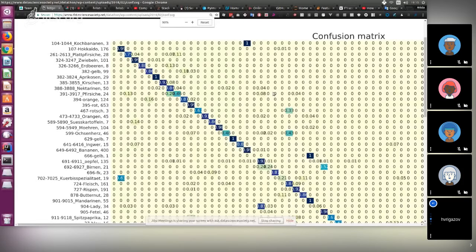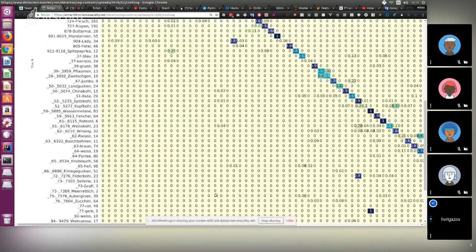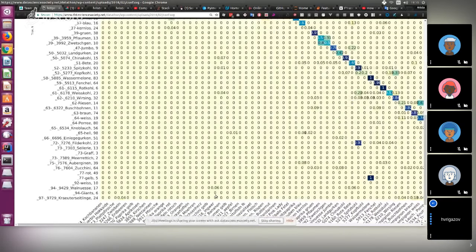I want to show an interesting thing. So basically, we didn't get any example of this class right. I don't know how it's pronounced. Sorry, I don't speak German, but we basically didn't get any of those right, and we always mistook it for bananen.